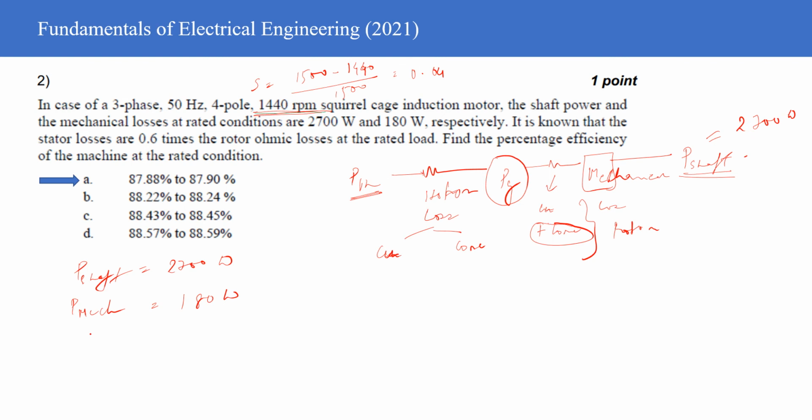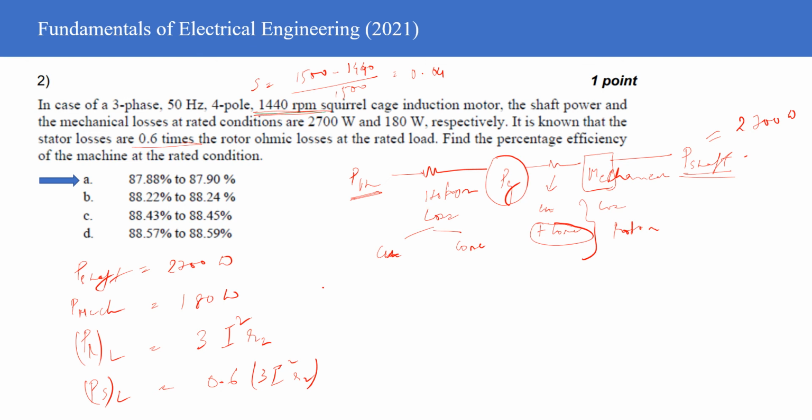So what is the rotor loss? P rotor loss is nothing but 3 times I square into R2, where R2 is the resistance of the rotor. So P stator loss is equal to 0.6 times 3 I square R2, as per the question. This is everything which is given to you.